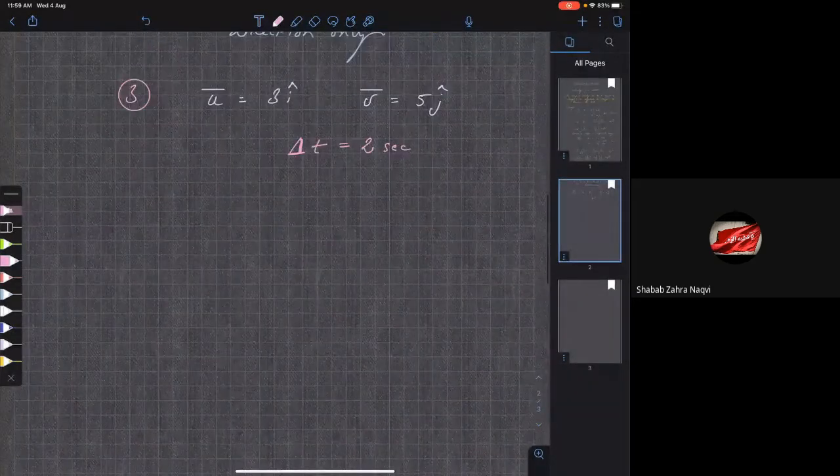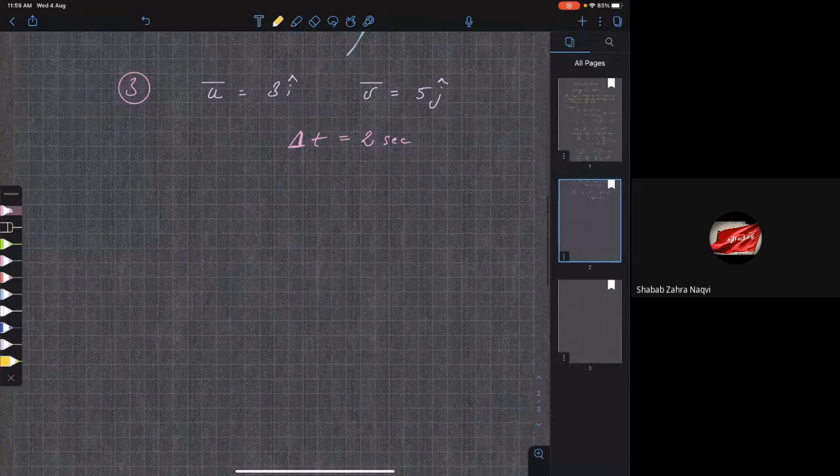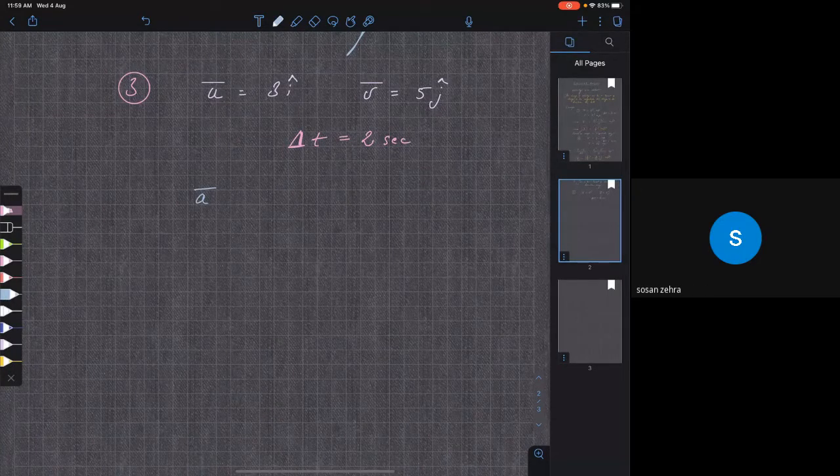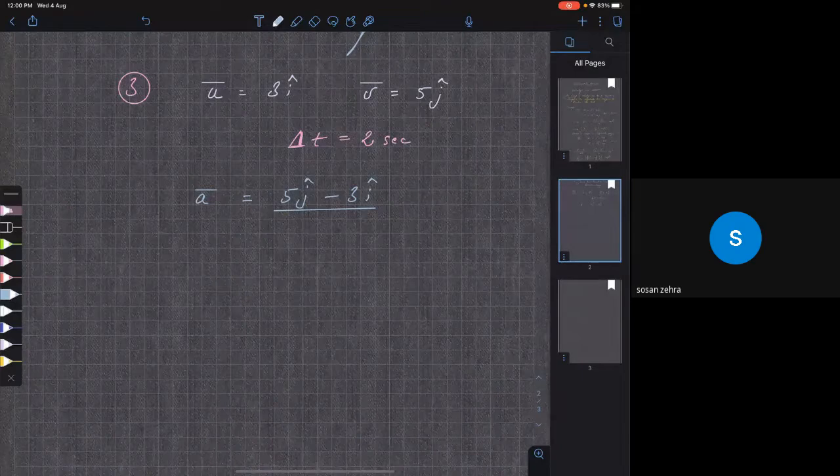What will be the acceleration? 5 j cap minus 3 i cap divided by 2.